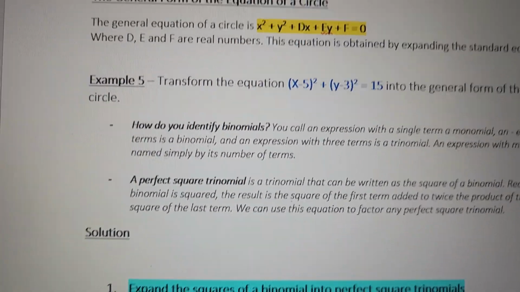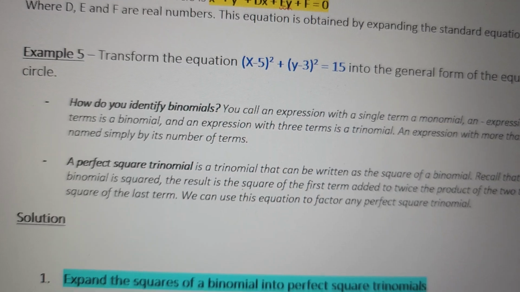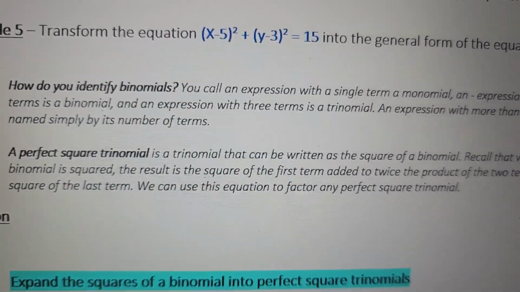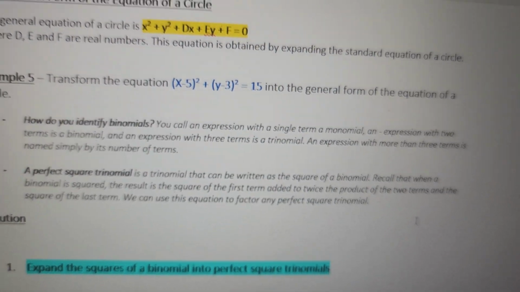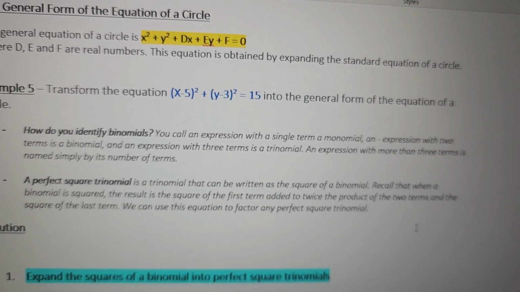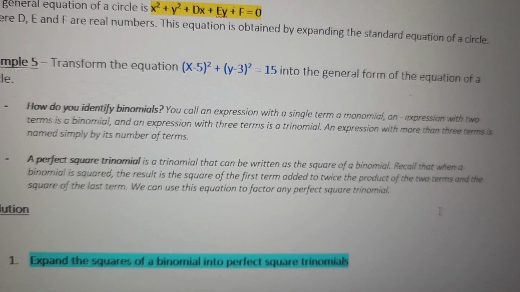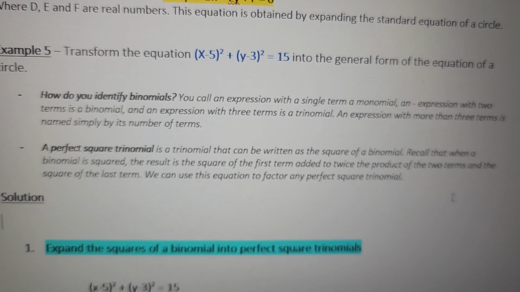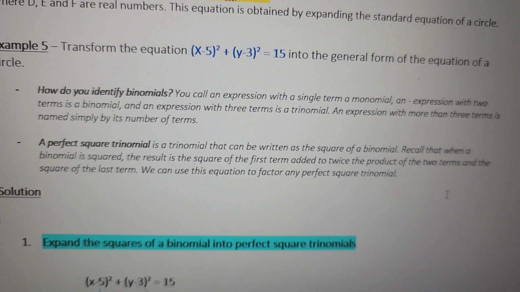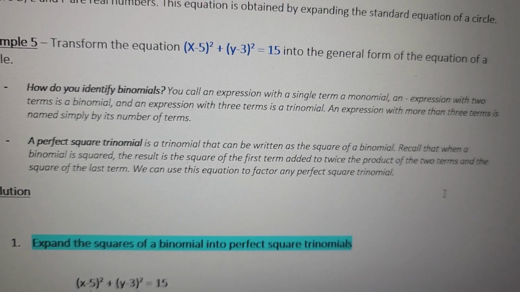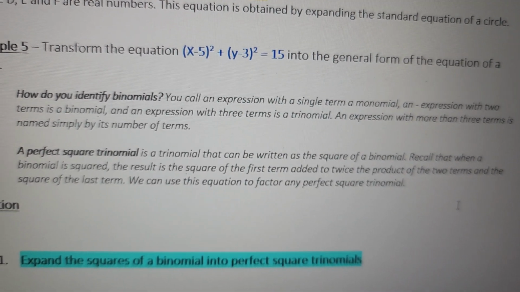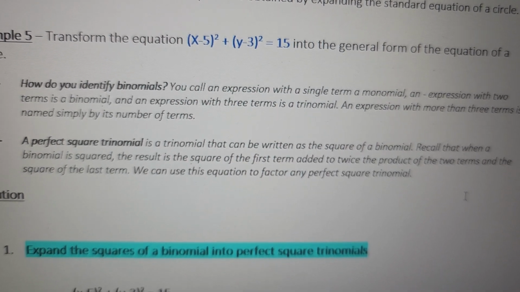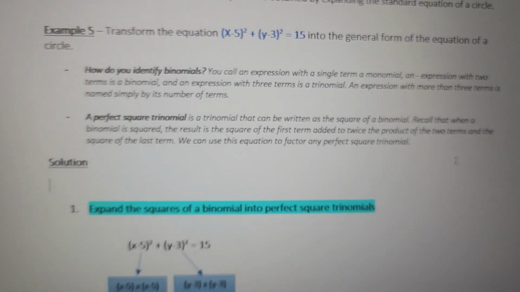Then a perfect square trinomial is a trinomial that can be written as the square of a binomial. Recall that when a binomial is squared, the result is the square of the first term added to twice the product of the two terms and the square of the last term. We can use this to factor any perfect square trinomial.